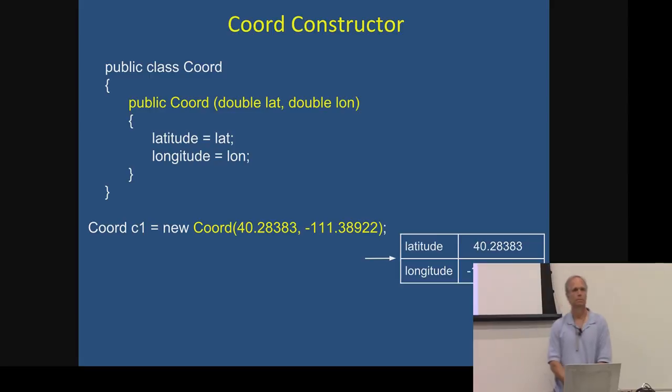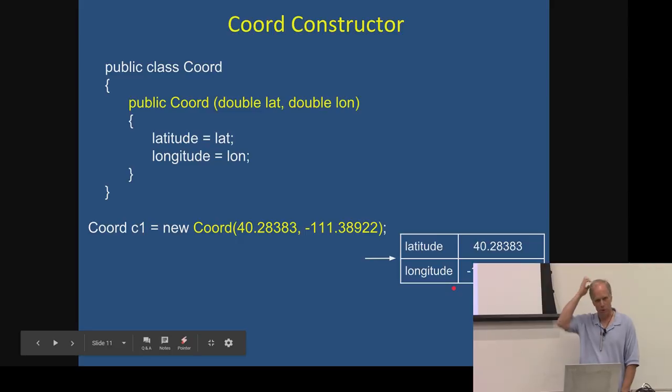Yeah? So, where's it defined that the latitude spot is right there and the longitude spot is right there? Okay, so the question is, how did the constructor know to put the latitude in this box and the longitude in that box instead of the other way around? Now there's a fiction going on here. In reality, this information is not stored in the object.